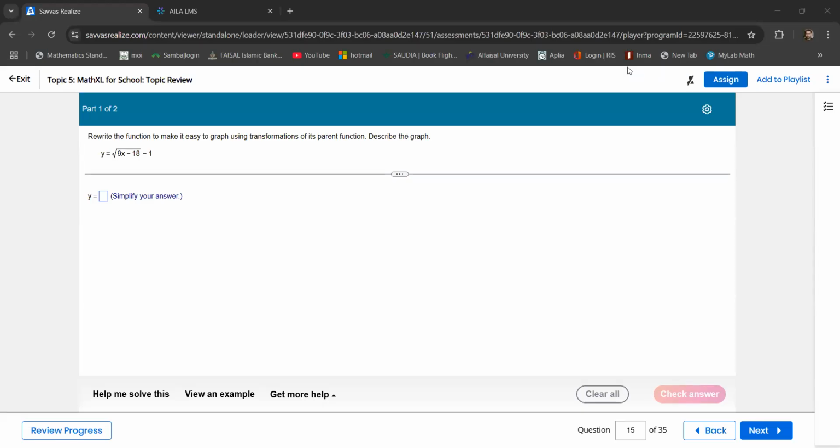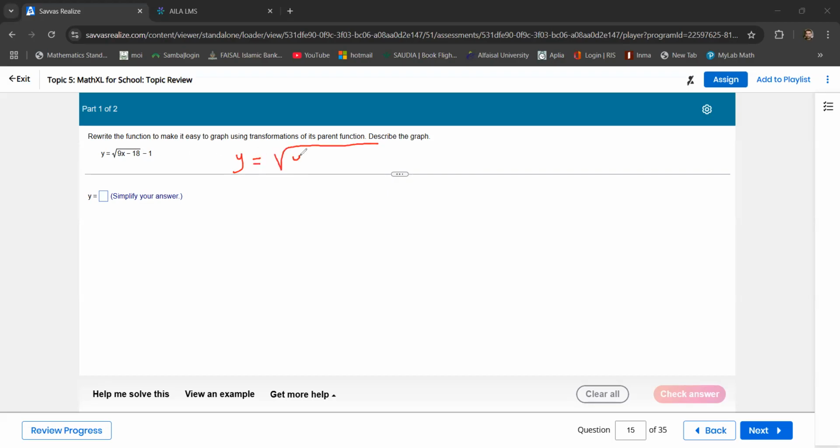Rewrite the function to make it easy to graph. This means we are not asking you to graph, we are just asking you to rewrite it so that it's easy to graph. That means you take a common factor, because you know that 18 is like 2 times 9. So we are going to rewrite the problem as a square root.